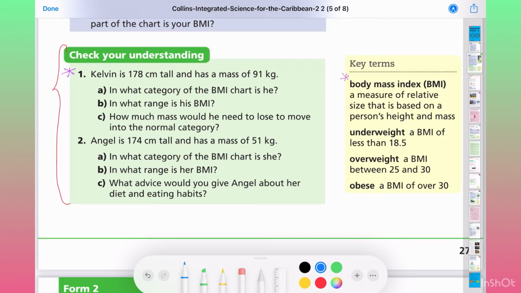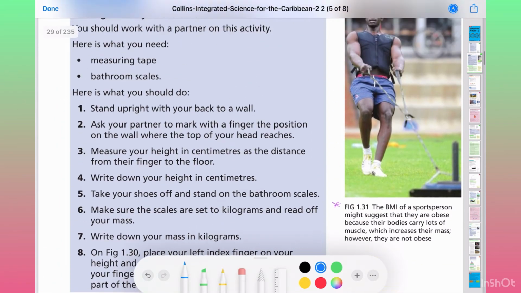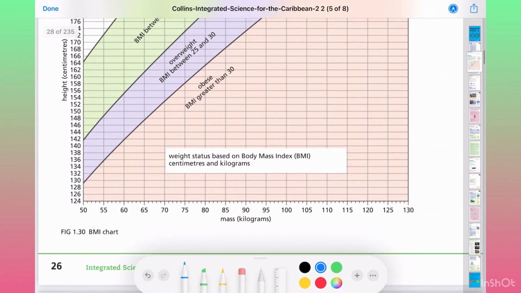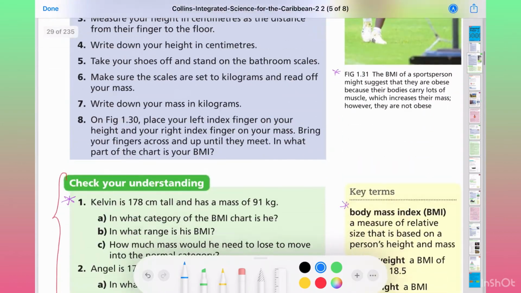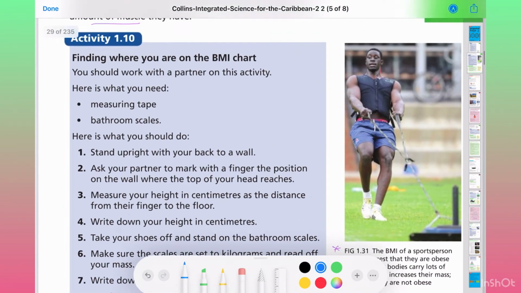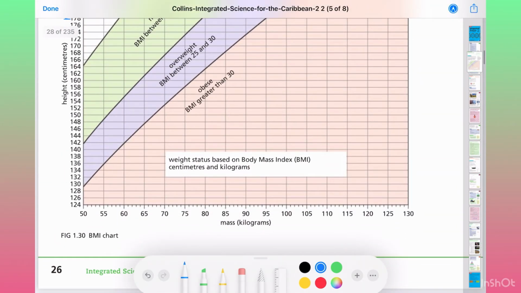Right? So Calvin is 178 centimeters tall and has a mass of 91 kilograms. So if we want to find out what category of the BMI chart he is, we are going to go up and look at it. So we have here 178 centimeters tall, and he is 91 kilograms. So here's 90, here will be 91.